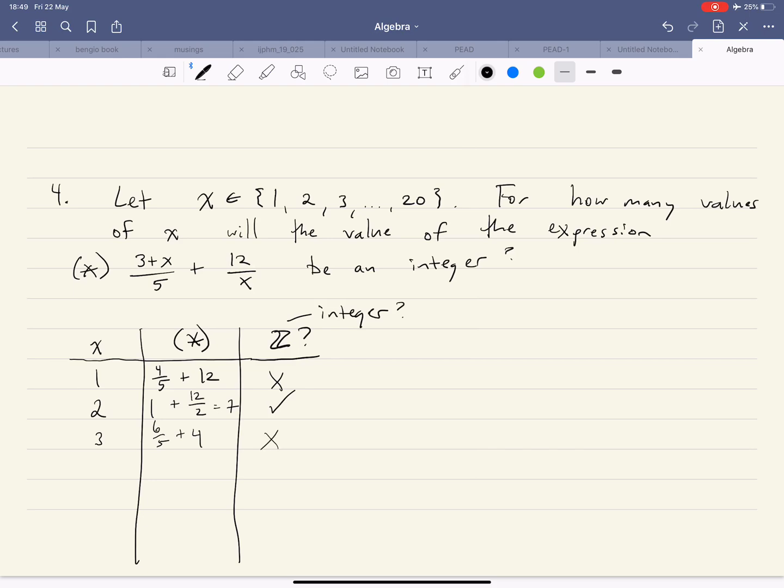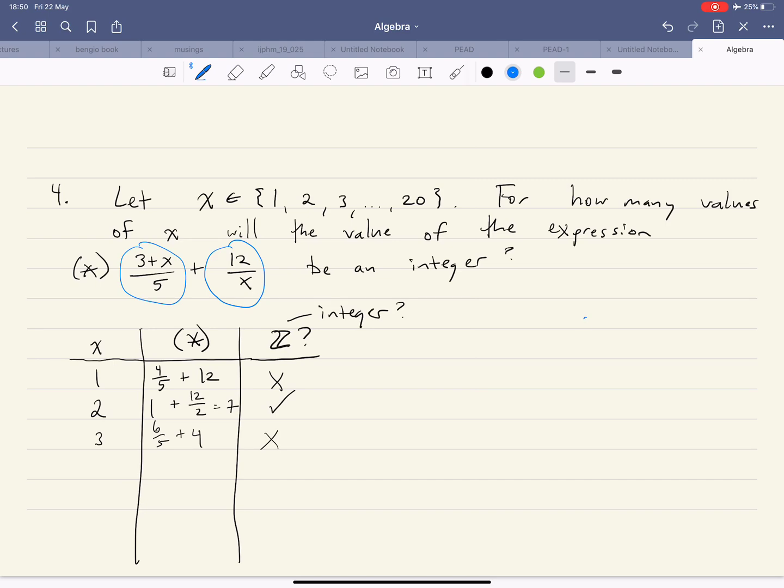So what we're finding is that the integers are happening, or we've only had one so far, but it's really happening when both of these expressions are evaluating to an integer.